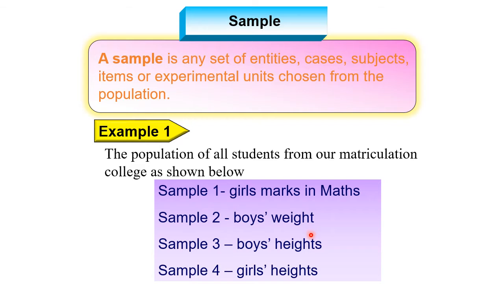So when we represent our population and sample in a Venn diagram, it will be like this. The square here is the whole population, that is all KMJ students.